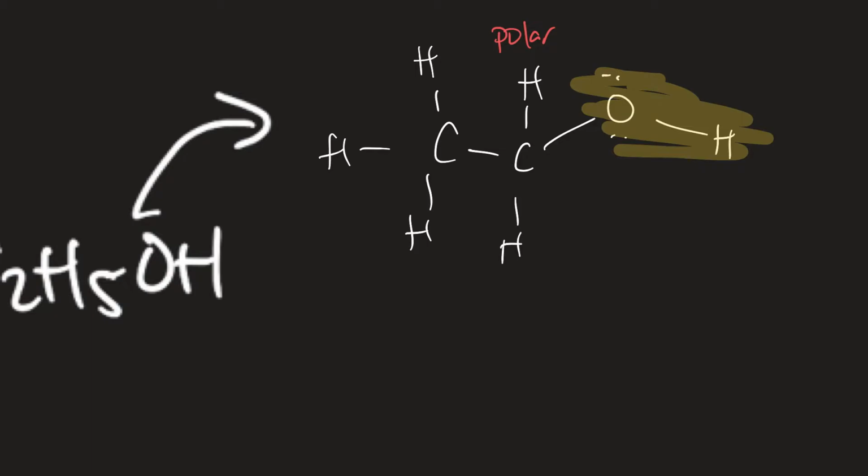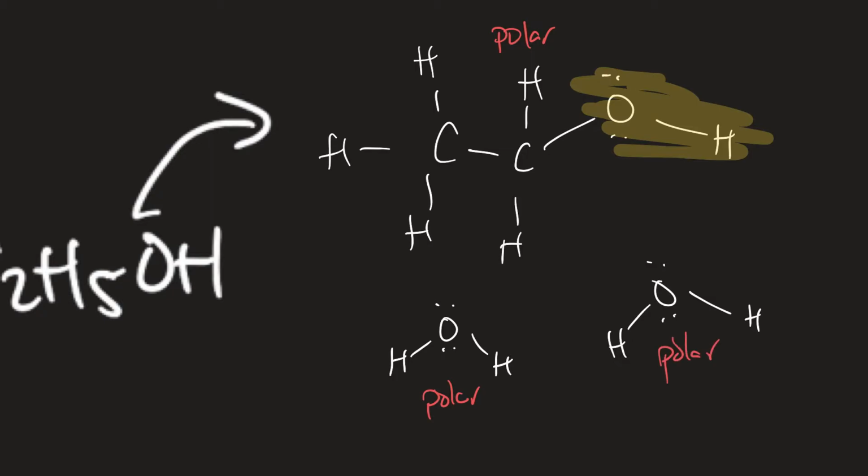Now, most alcoholic drinks, or all alcoholic drinks, let me say that, also have water. And when we look at the structure of water, we also see that water is a polar molecule. So how are these two molecules attracted to one another?